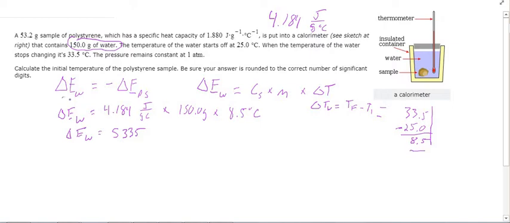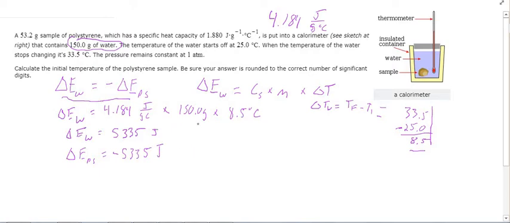Okay, so now we need to realize that the change in energy of the water is equal to the opposite of the change in polystyrene. So in this case, the change in energy of the polystyrene is going to equal the opposite of that, minus 5.335 joules.